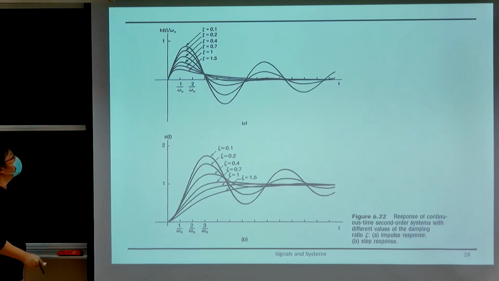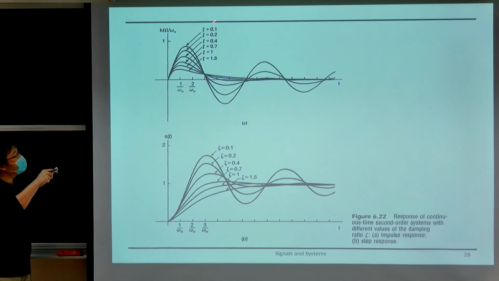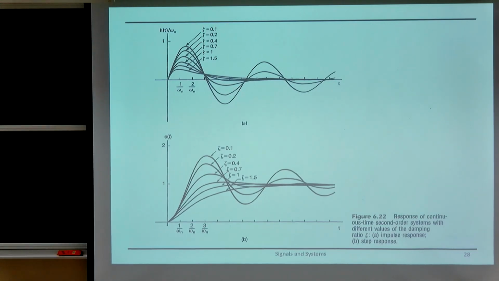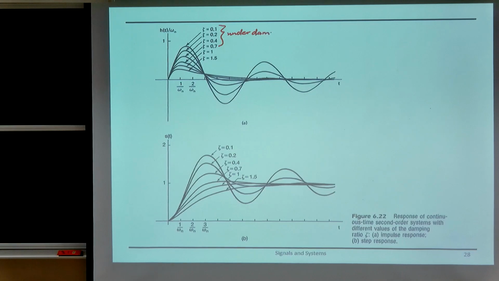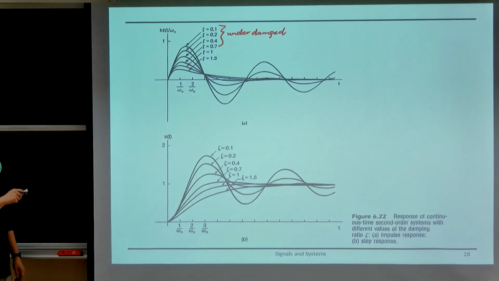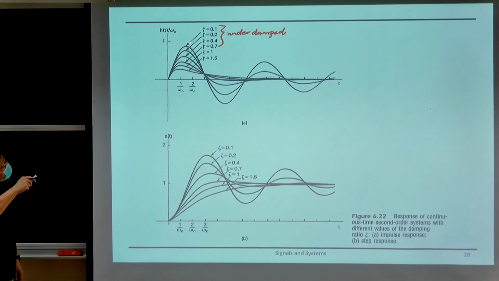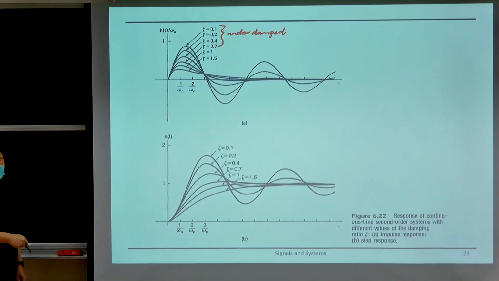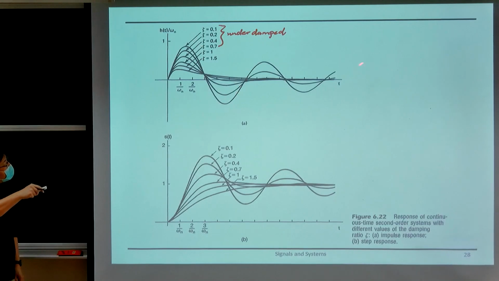If you look at these curves here, for 0.1 up to 0.7, which are underdamped systems, you see these oscillatory behaviors that gradually decay over time.